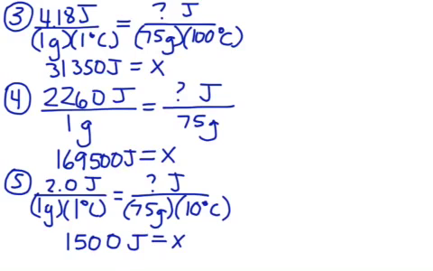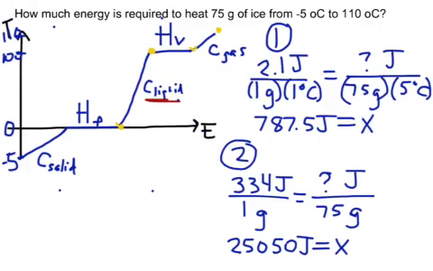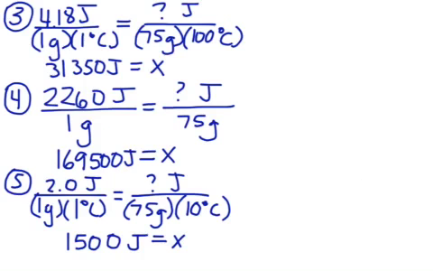So now we need to figure out the total amount of energy. We know the amount of energy for each individual step. We're going to add it all together. So back to the beginning, we're going to add 787.5, 25,050, 31,350, 169,500, and 1,500 joules all together to get the total amount of energy needed.